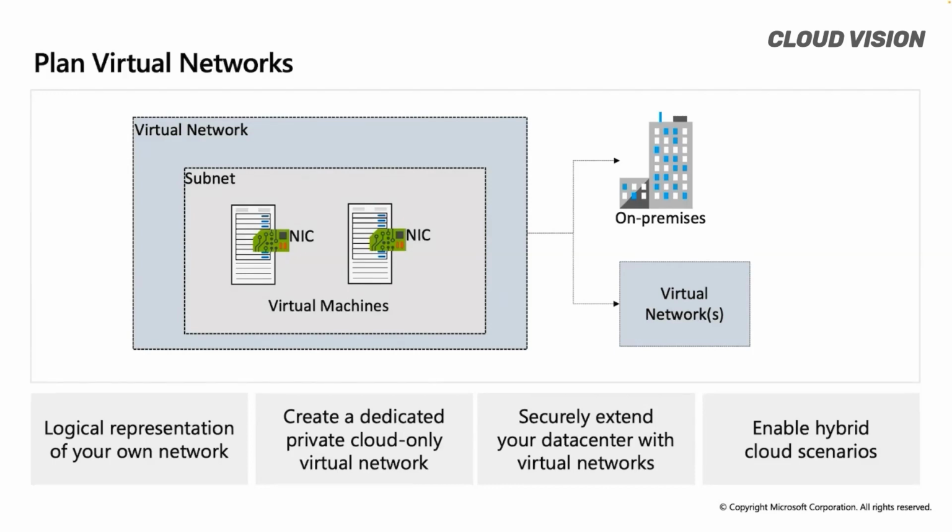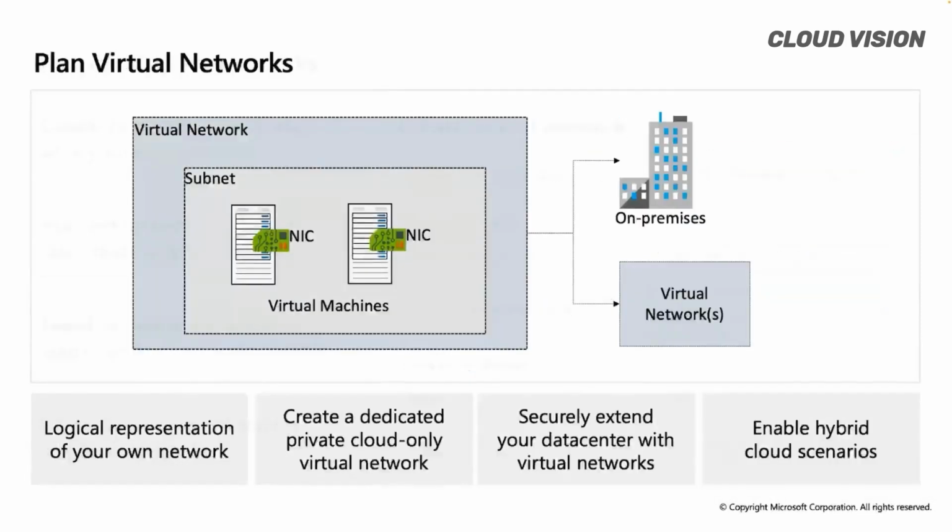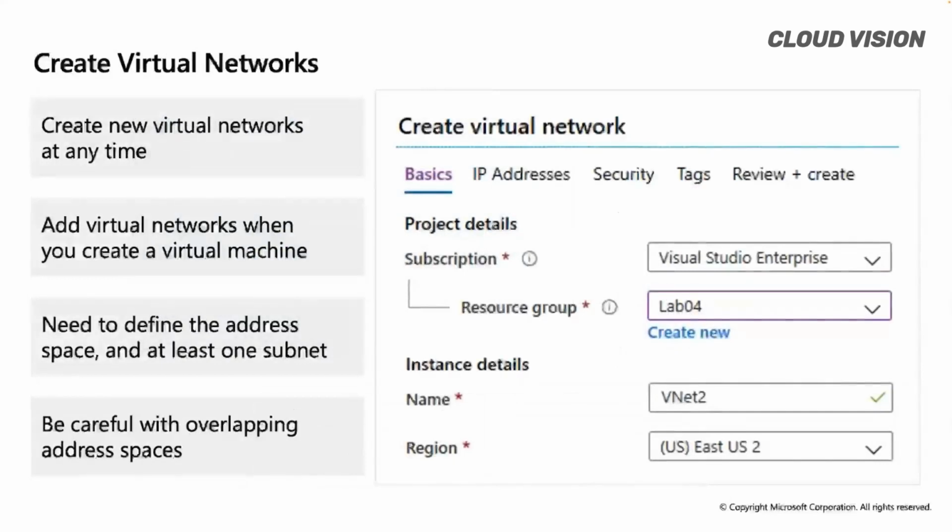So in the next slide, we're going to talk about creating a virtual network. In Azure, when you start creating a virtual network, it's going to ask you to set a subscription, set the right resource group, give a name to your virtual network, and also give a region, which region you want to create this virtual network in.